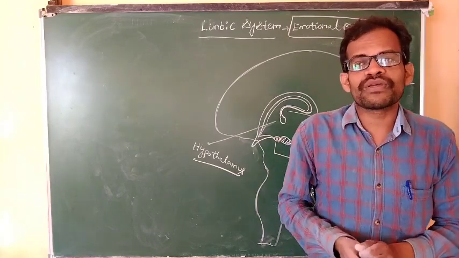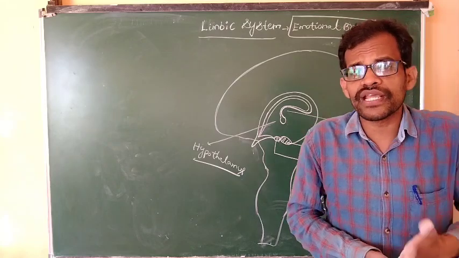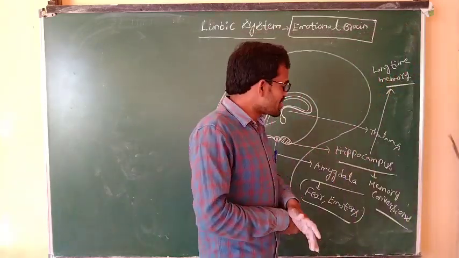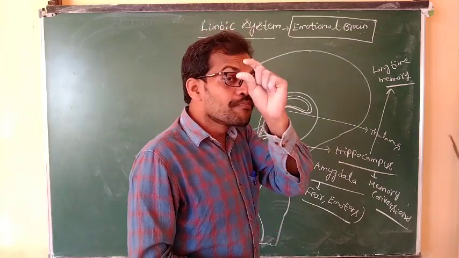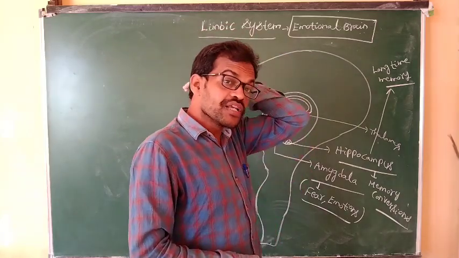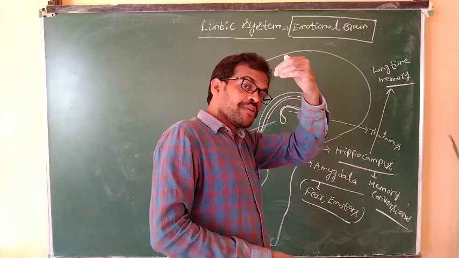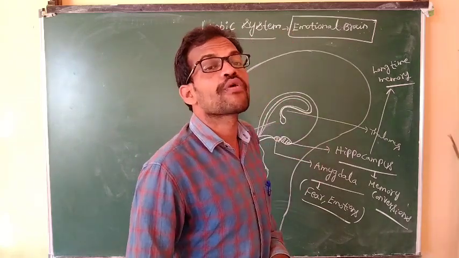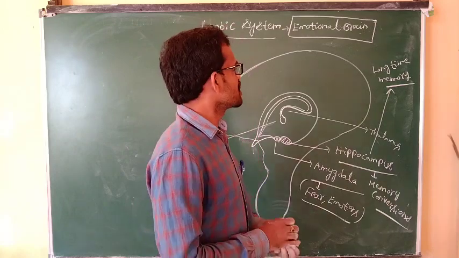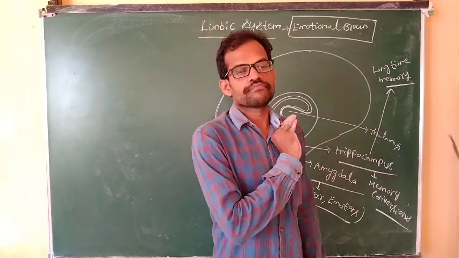The long time memory, recall of memory, is stored and controlled by the hippocampus. The long time memories and conversations you can easily identify because of the hippocampus. It belongs to the brain.